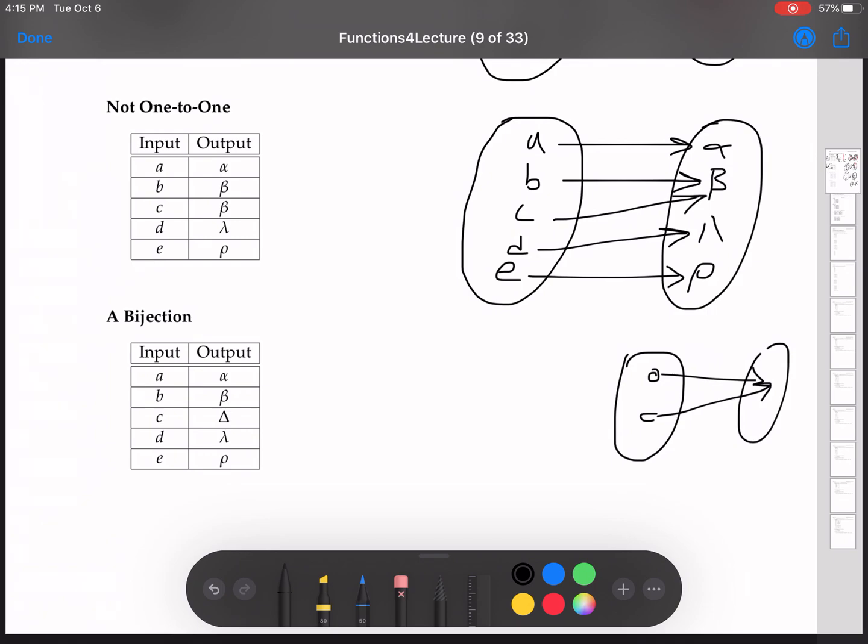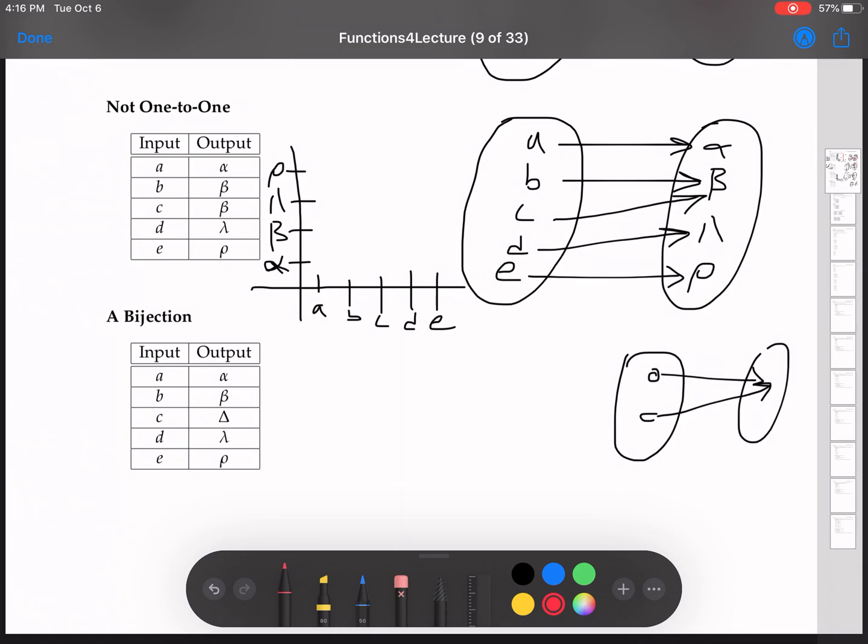This is similar to the horizontal line test. If we were to draw A, B, C, D, and E, alpha, and add in the dots now.